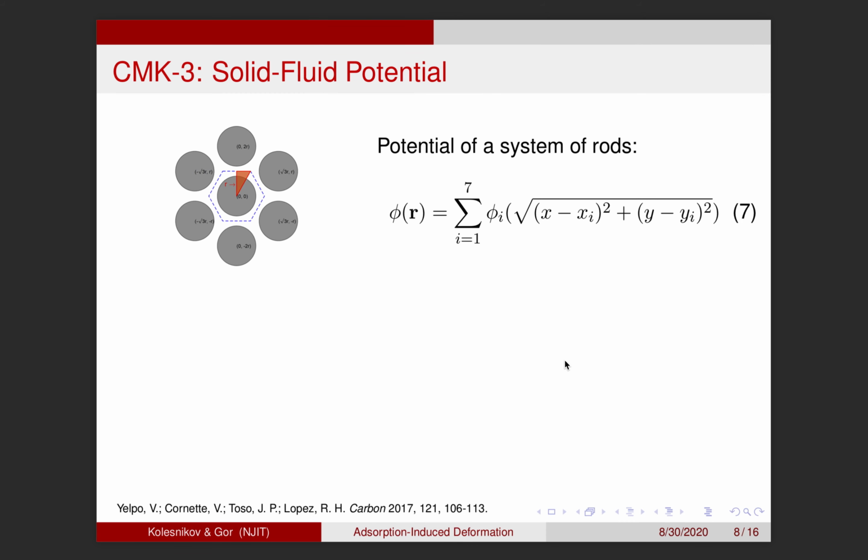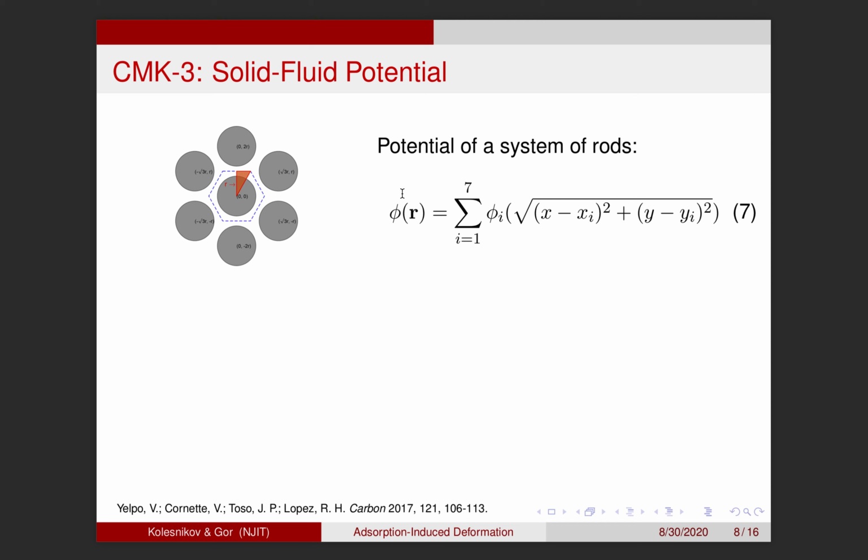So the key thing for the CMK3 carbons, for these templated carbon materials, is the geometry. So our solid-fluid potential needs to take into account the specific geometry of these hexagonally arranged rods depicted here on the left.